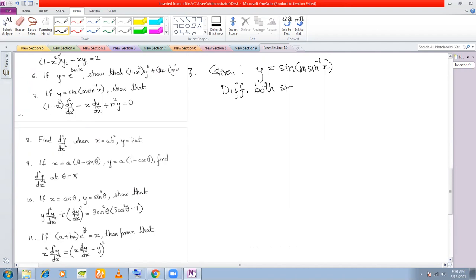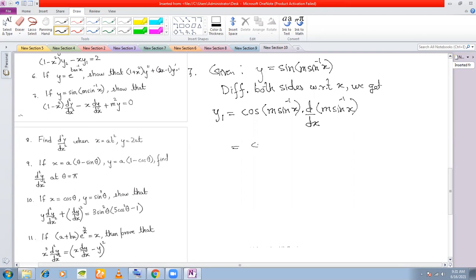Differentiating both sides with respect to x, we get y1 is equal to, how will you differentiate this? First differentiate sine to get cos(m sin inverse x) and multiply this by the derivative of whatever is within the sine, that is m sin inverse x.